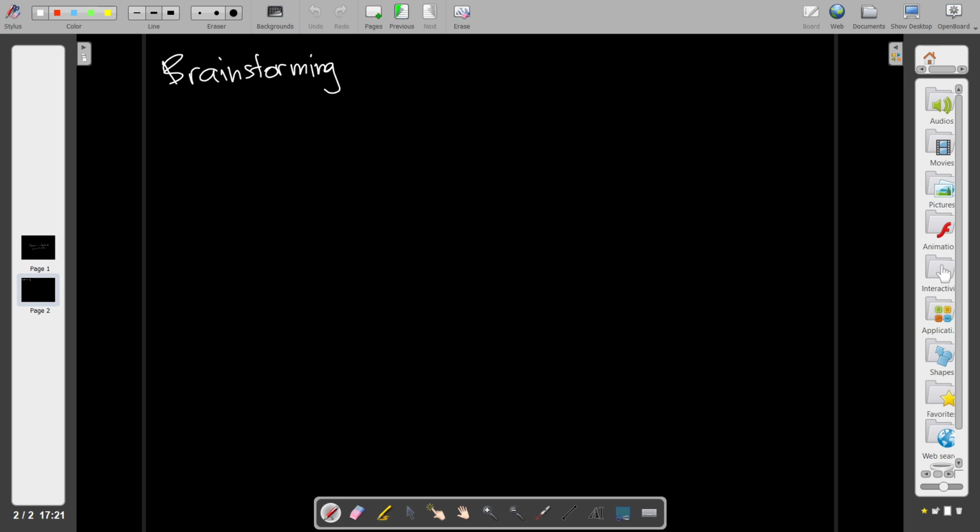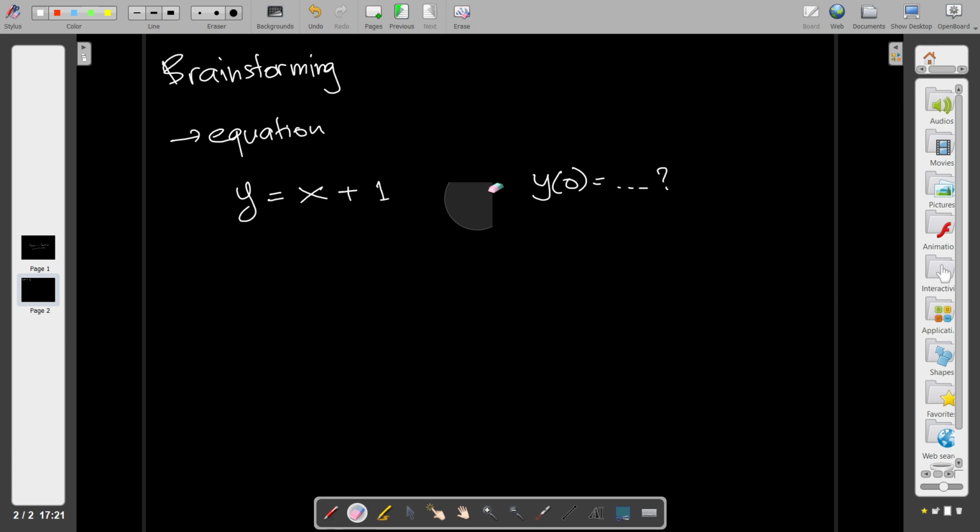So let's talk about the equation. Okay, so this is the equation, and I have an example here. So I have y equals x plus 1, and we want to know the value of y at 0. So this is y0, which means this is the x.